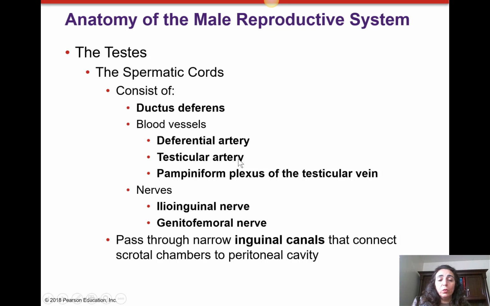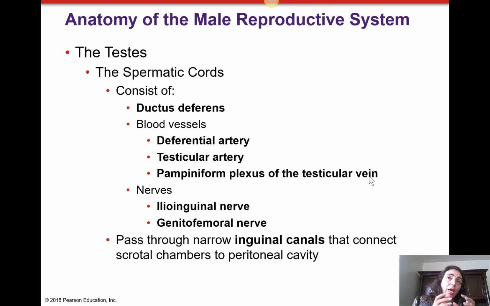We have the testicular artery, which is the gonadal artery. In the male, we call it the testicular artery. And we have a pampiniform plexus of the testicular veins. The testicular veins make a plexus, a network of veins, that helps in the control of the temperature around the testes.